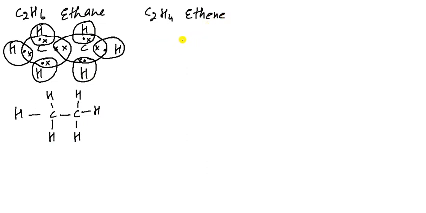Now come to ethene, that is C2H4, the name is ethene, with ENE. What will happen in this? There are four hydrogens and two carbons, so you have to arrange them like this. Hydrogen has only one electron in its outermost shell, and carbon has four electrons: 1, 2, 3 and 4.